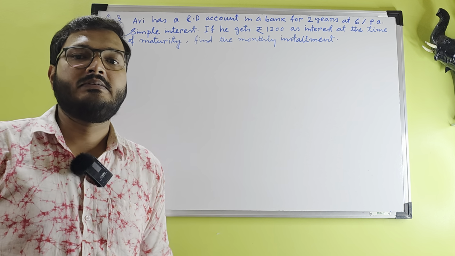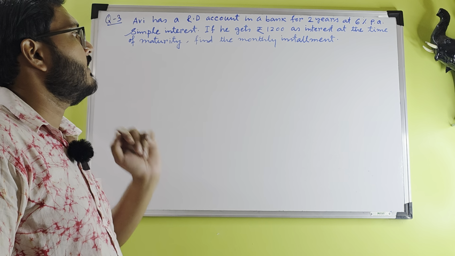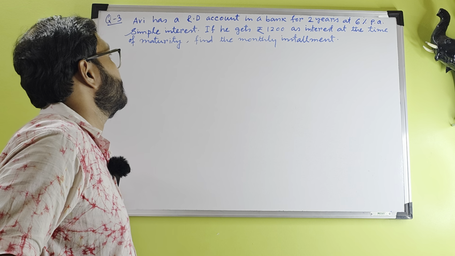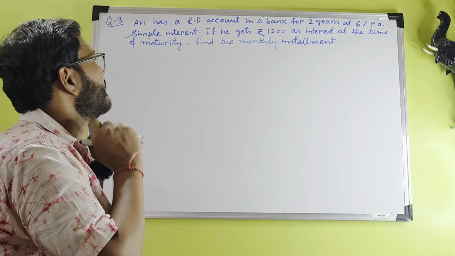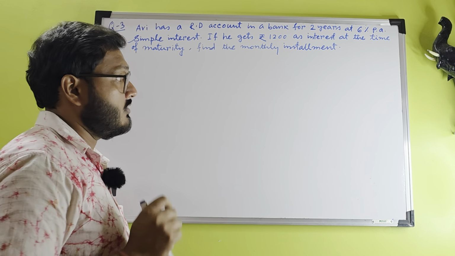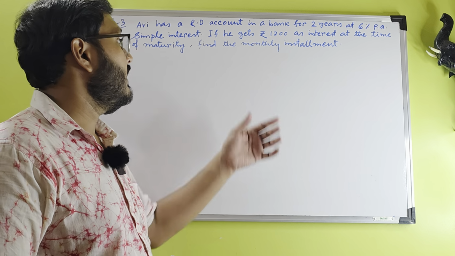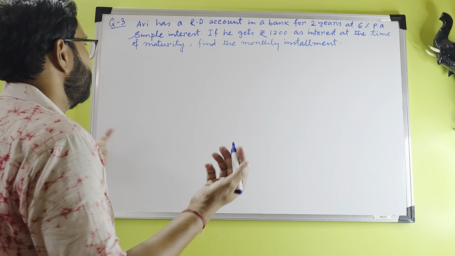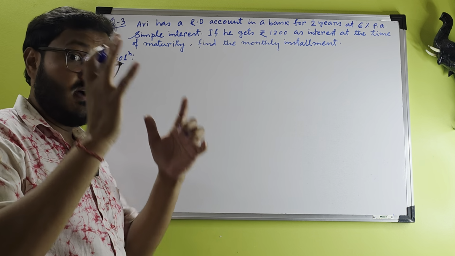Okay, this is our third sum. Ovi has a recurring deposit account in a bank for 2 years at 6% per annum simple interest. If he gets 1200 as interest at the time of maturity, find the monthly installment. So I told here we have to find P. Same way you write which are given.